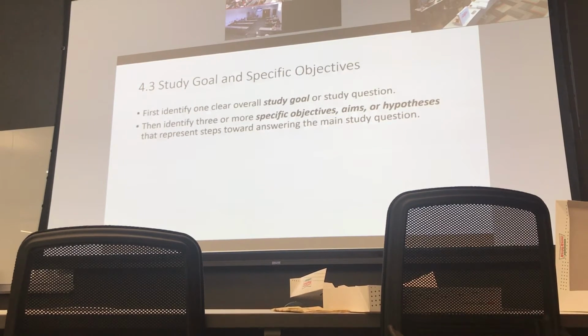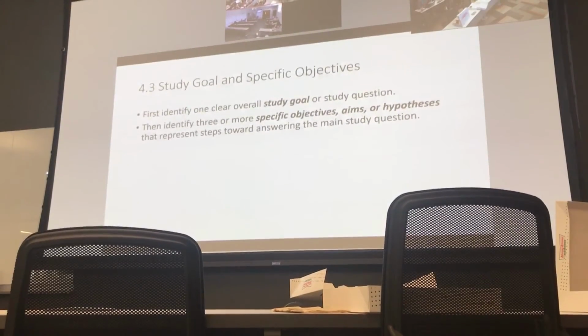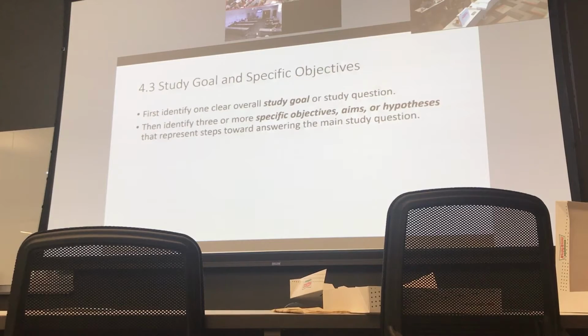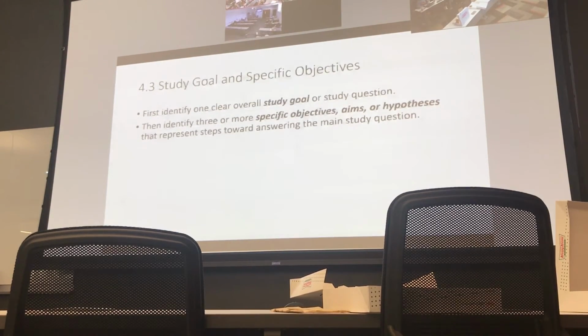So after you clearly identify the study goal or question, then you want to identify 3 or more specific objectives, aims or hypotheses that represent steps toward answering the main question. So typically you have study goals, and then you have specific objectives that you essentially want to accomplish with the study.